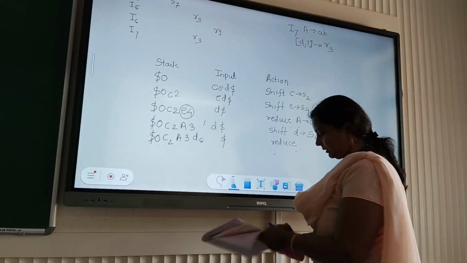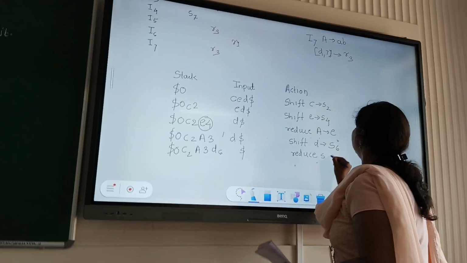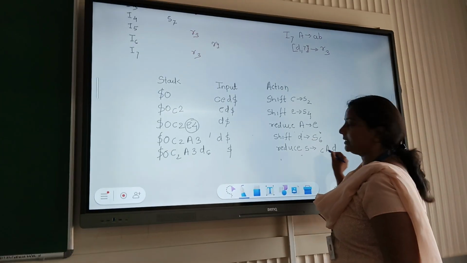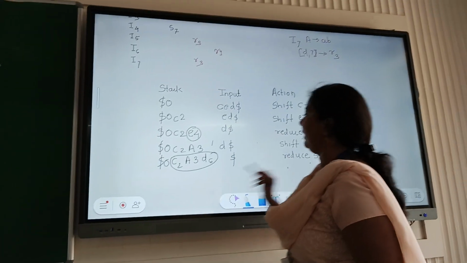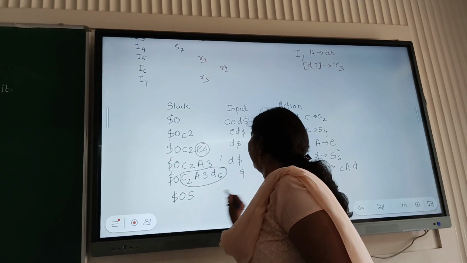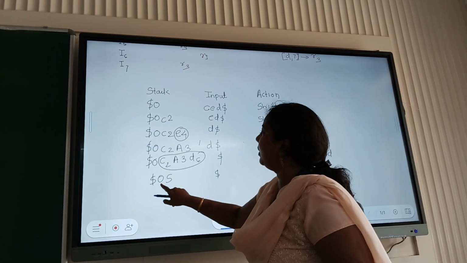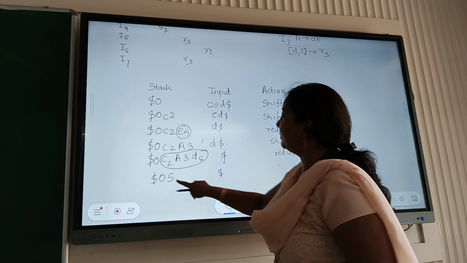What is the R1 reduce? S equals CAD. So wherever CAD is seen, what do we have to do? Write S. So right here 0 S. Now S of dollar. Number is not here.